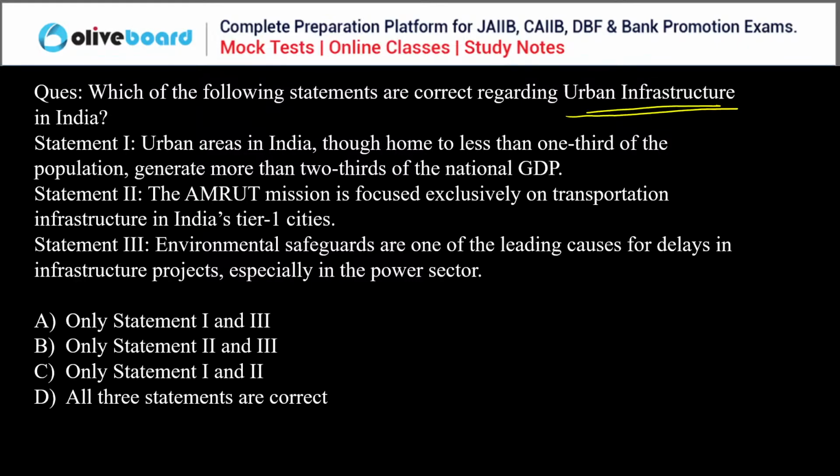Second, the AMRUT mission is focused exclusively on transportation infrastructure in India's tier 1 cities. Third, environmental safeguards are one of the leading causes of delays in infrastructure projects, especially in the power sector. Now, please answer this question. Very simple, very easy.